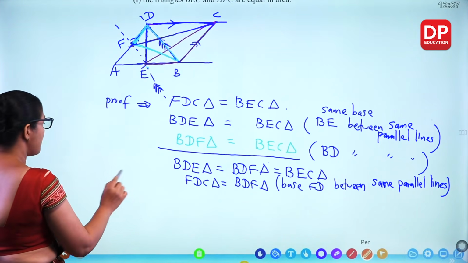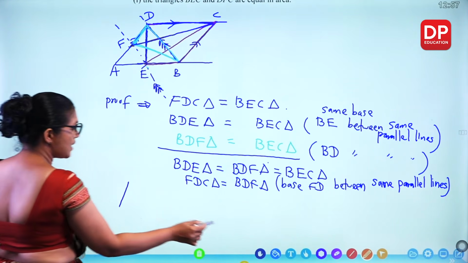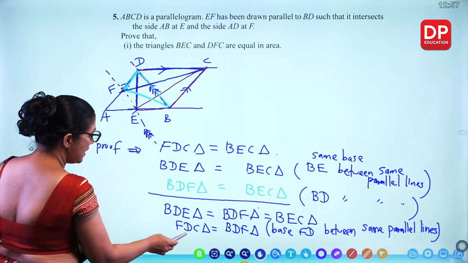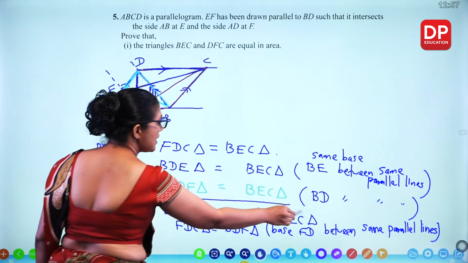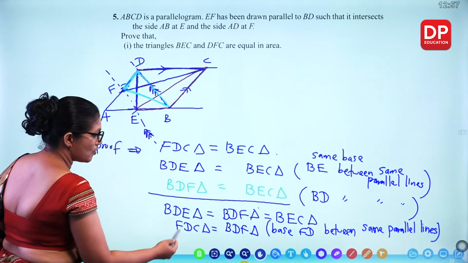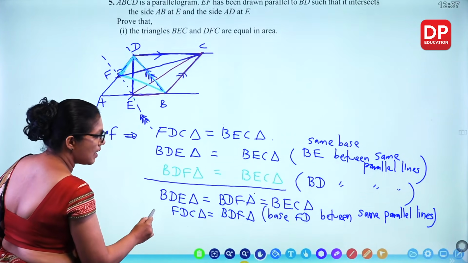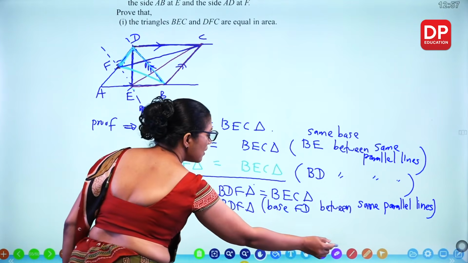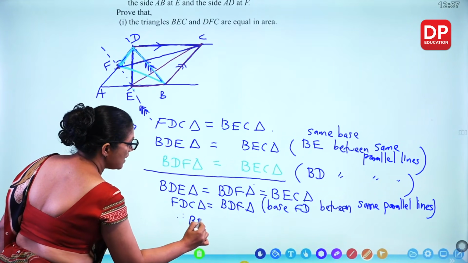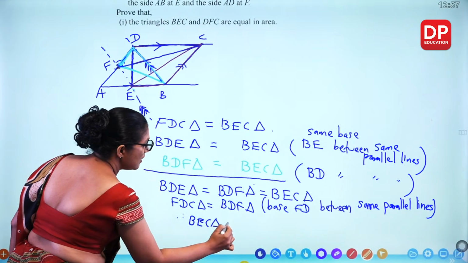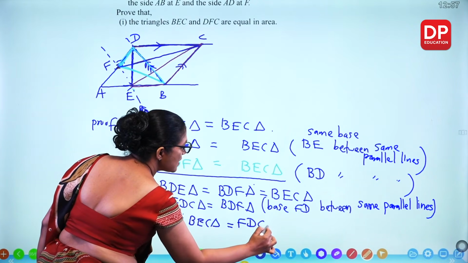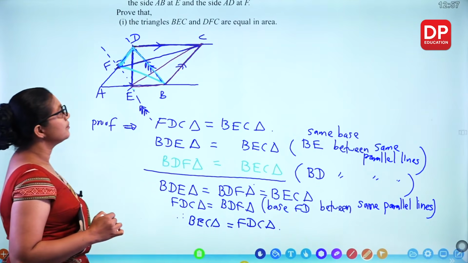In the first step, they ask to show that the triangle BEC is equal to FDC. So straight away from this I can write BEC triangle is equal to FDC triangle.